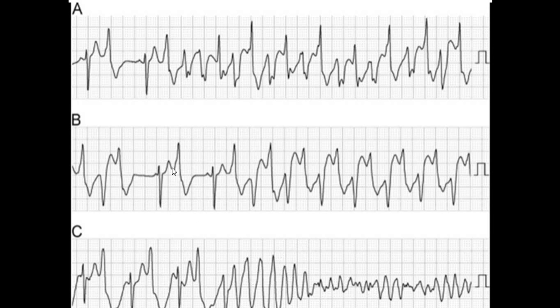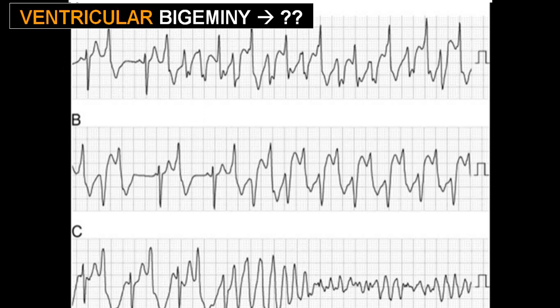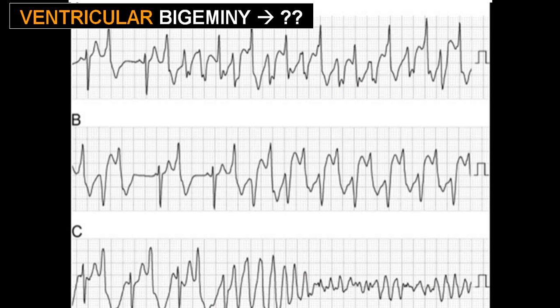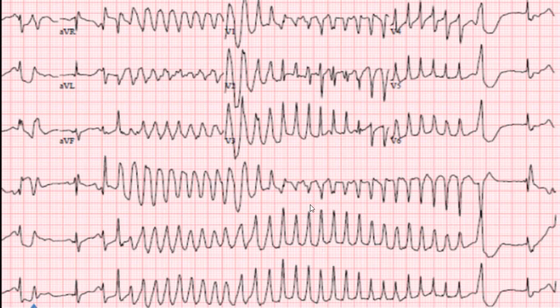Alternate beat is a ventricular premature beat. So it is a bigeminy. So this is ventricular bigeminy. And then it is going into polymorphic. You can see here the axis is changing.